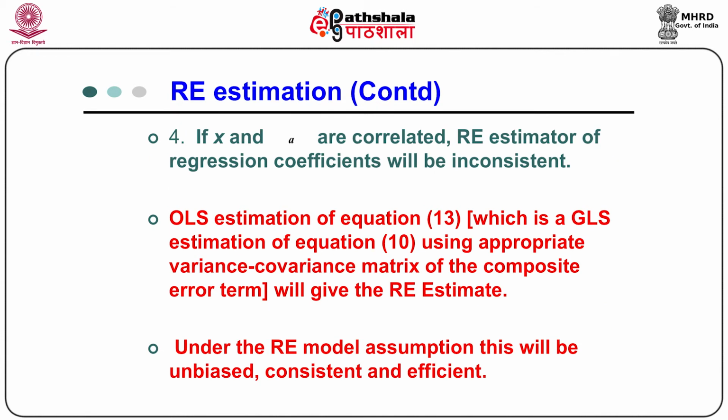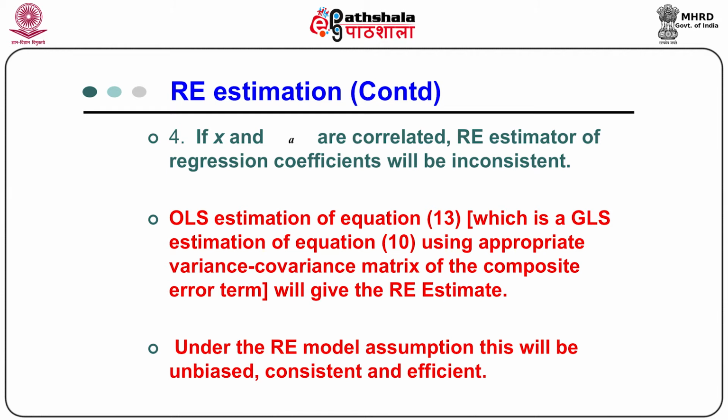Now, if x_it and a_i are correlated, then the random effect estimator of the regression coefficient will be inconsistent. And OLS estimation of equation 13, which is the GLS estimation of equation 10 using the appropriate variance covariance matrix, will give us the random effect estimation.